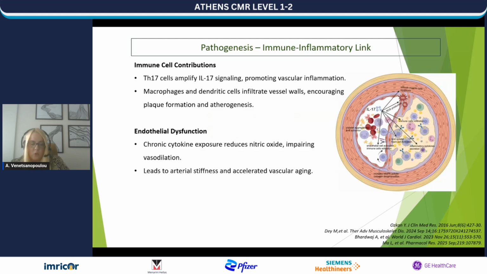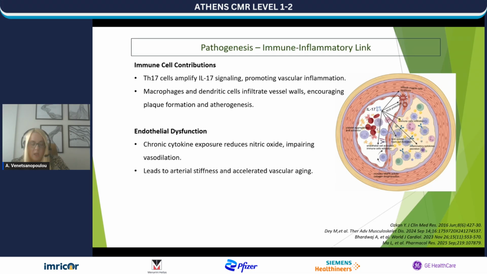New data show that Th17 cells amplify IL-17 signaling, macrophages, and dendritic cells infiltrate vessel walls, and chronic cytokine exposure impairs nitric oxide production, leading to arterial stiffness.